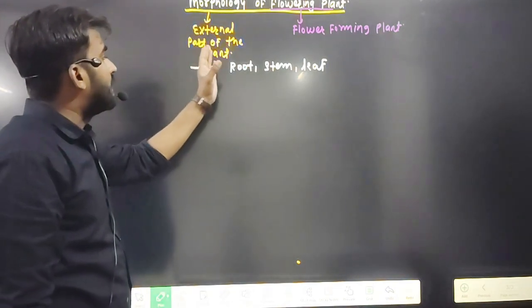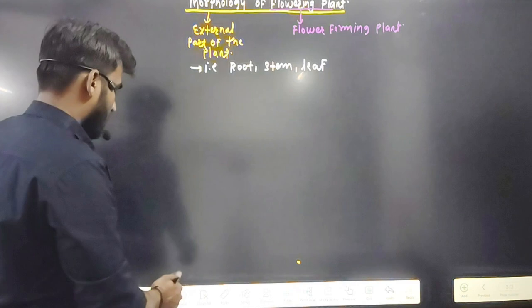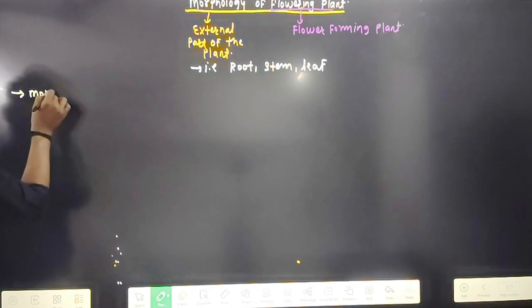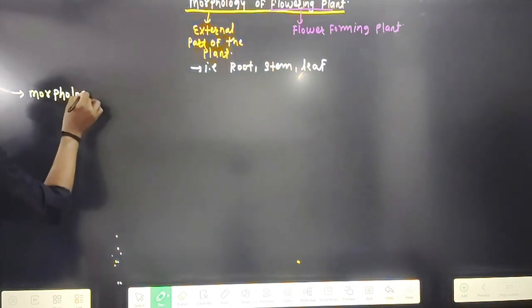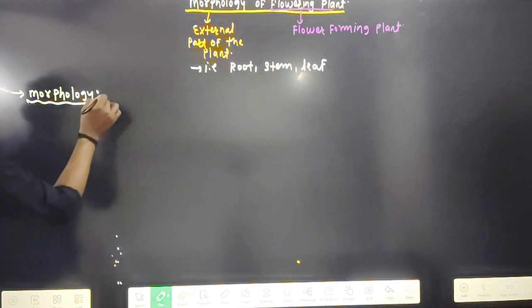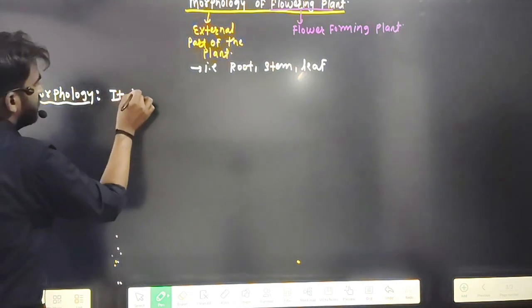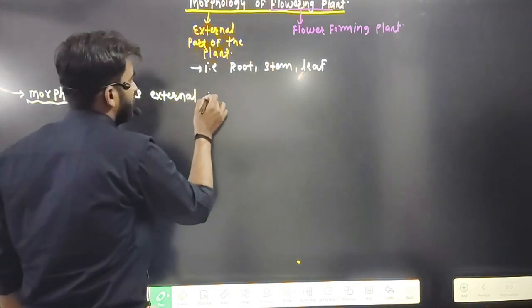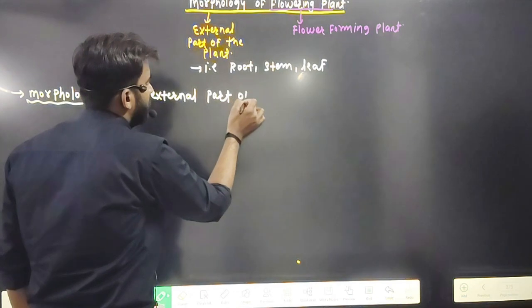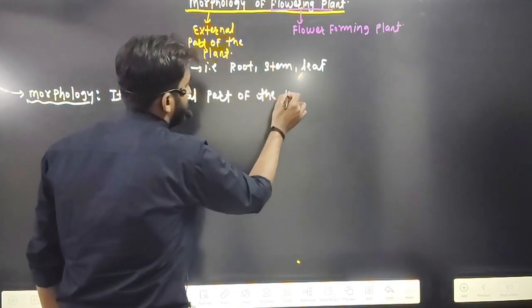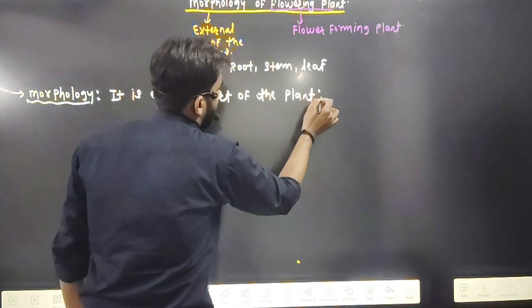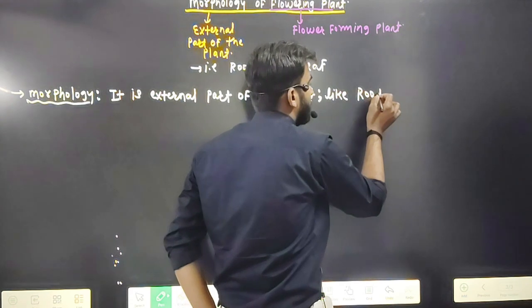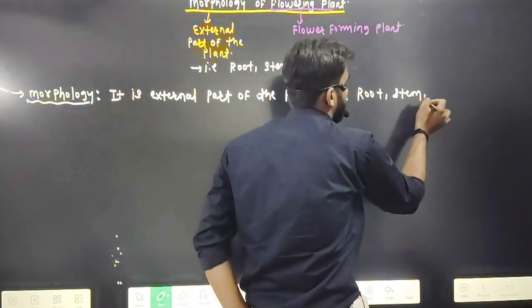So what is the scientific definition of morphology? Morphology is the study of the external parts of the plant, like root, stem and leaf.